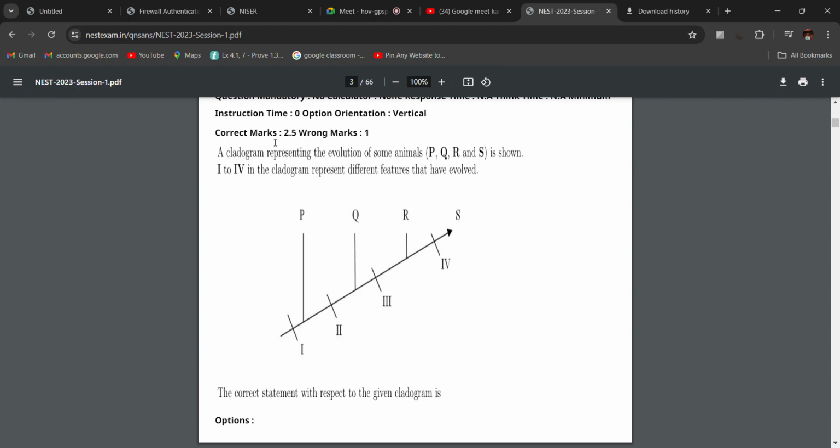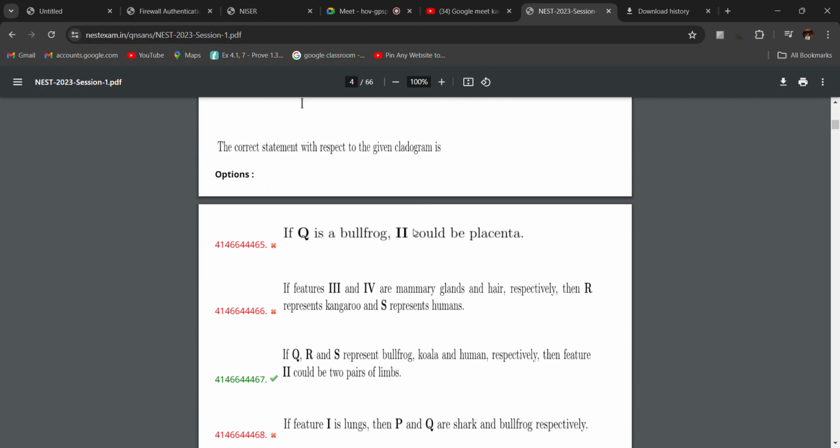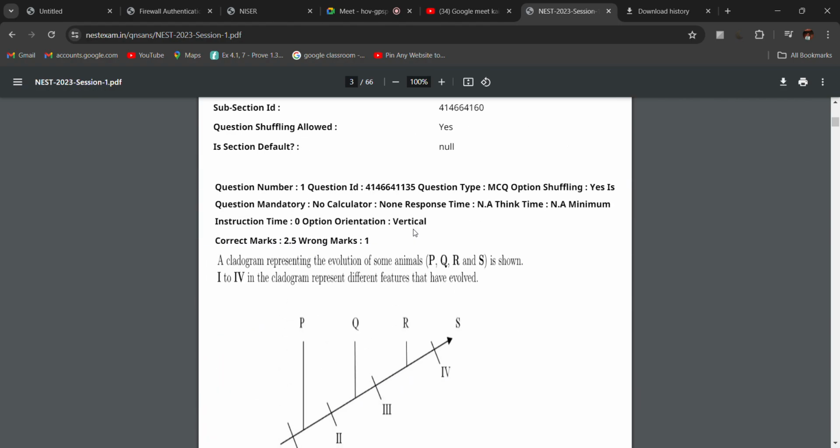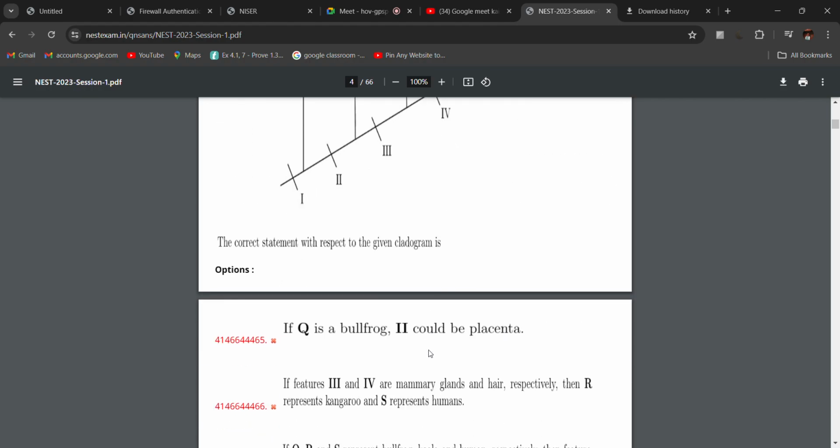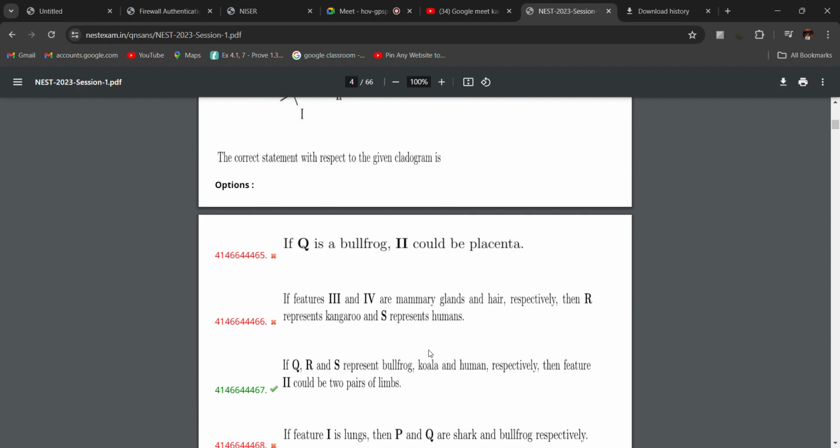For correct marks there is 2.5, for wrong, one will be deducted. I would suggest that you avoid negative marking as much as you can, because it's not 4 versus 1, it's 2.5 versus 1. So you have to be very careful when you mark the answers.